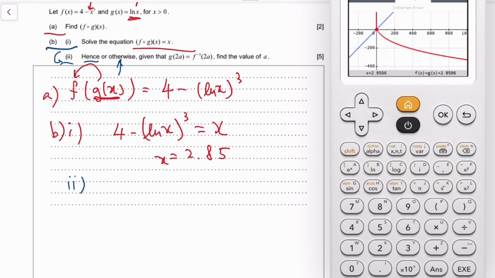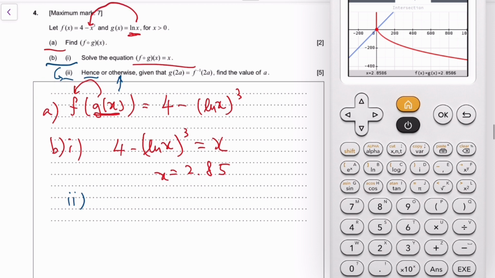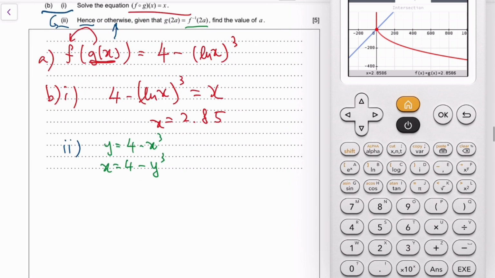Maybe I should do the easy way first. The easy way is you find the inverse of f first. So to find the inverse of f, you change f(x) to y, swap x and y, and then you make the new y the subject. So rearrange, get rid of the negative.